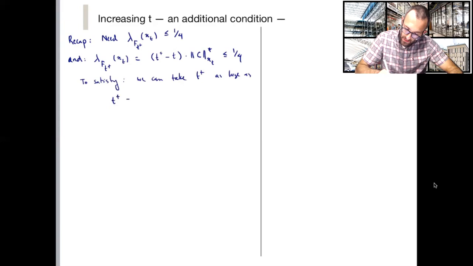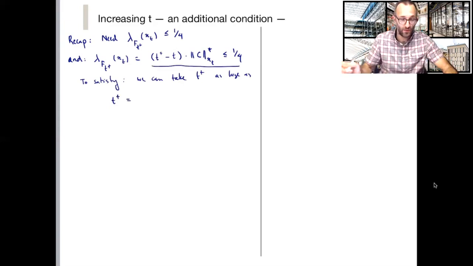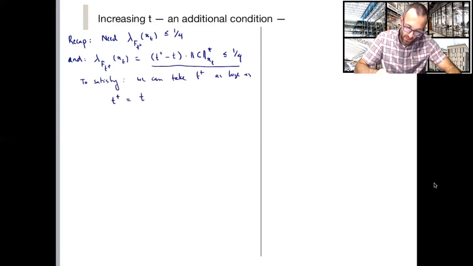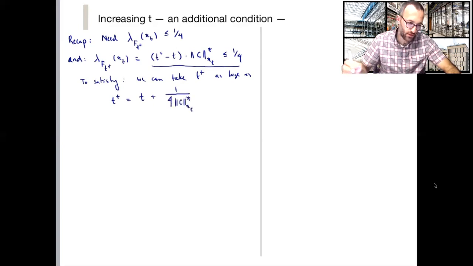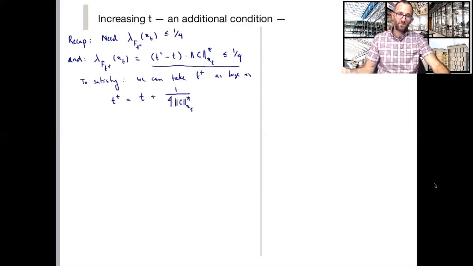I'm basically just setting this equal and solving it: t plus equal to t plus 1 over 4 times the norm of c at xt, star. So this is what I need to satisfy this.